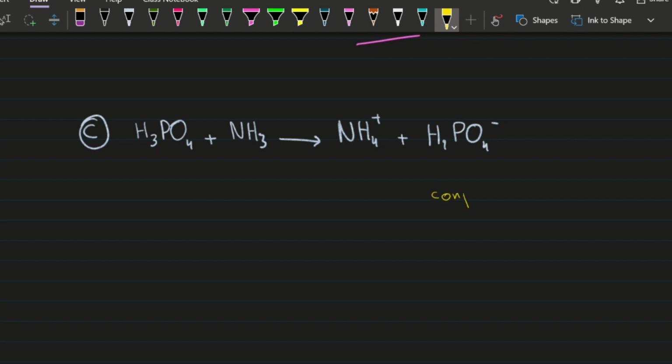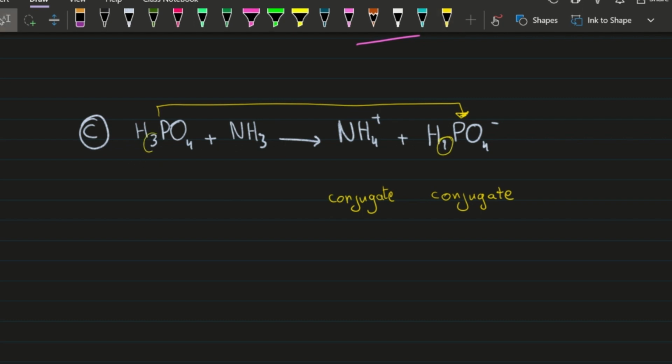Now again, we do the same thing here. We know that the conjugate and conjugate will go on the product side. So it seems like here this is a 2, this is a 3, so it lost a hydrogen.